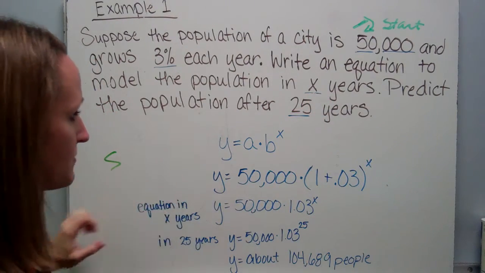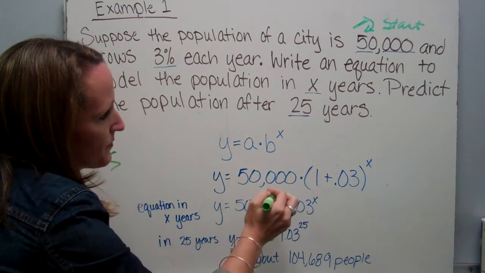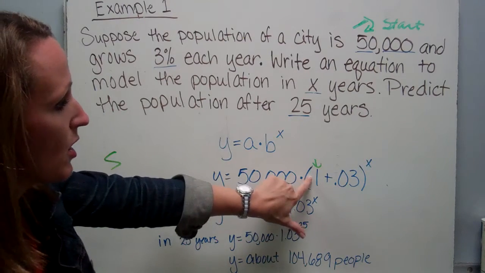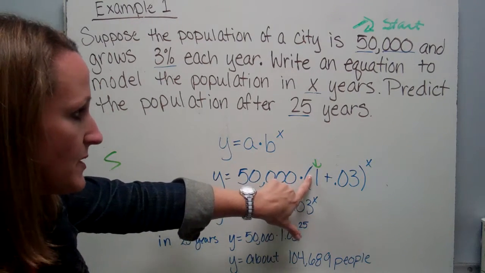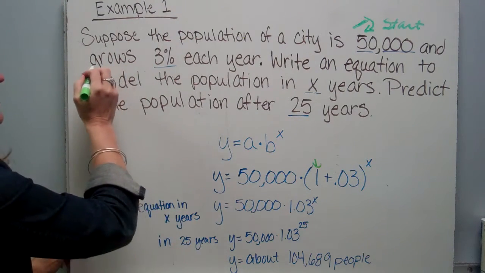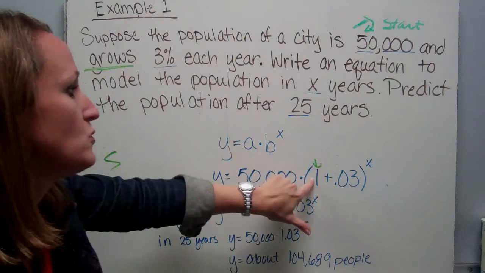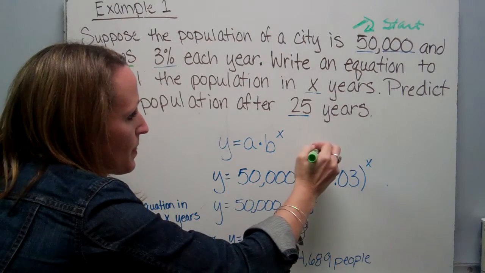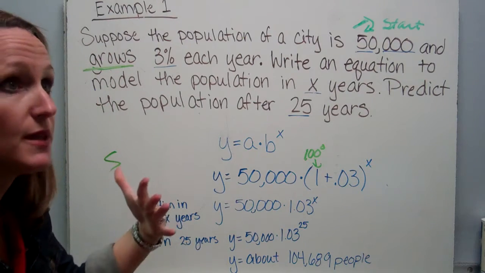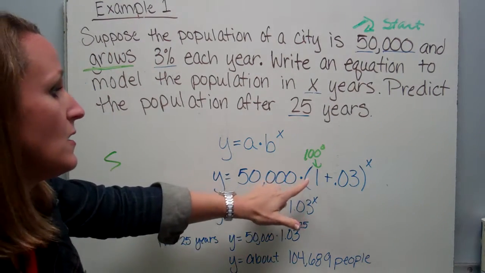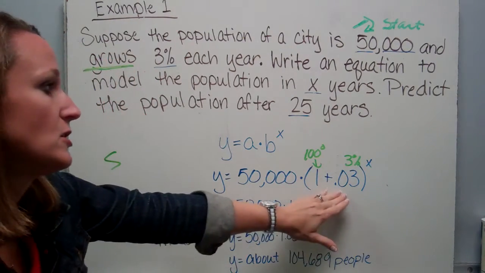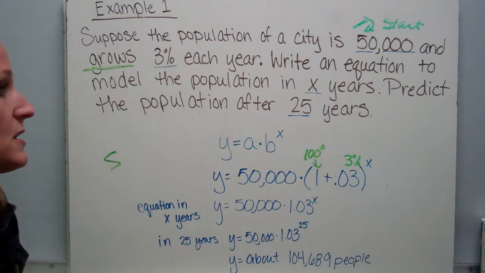So here's our equation. Here's going to be our a value. Remember how I said on the slide before this that we always work with 100%? So we're always going to have a 1, our 1 plus something or our 1 minus something. Well, this is growth because we're growing 3%. So we do 1 for our 100% plus something. Like I said, we go 100% plus or 100% minus for growth or decay. 1 plus our 3%, which we changed to a decimal because you can't work in percent.